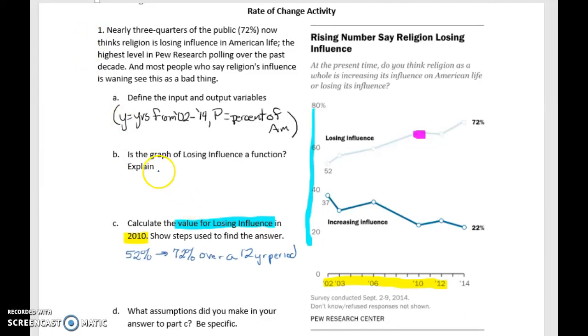So that is a 20% increase over 12 years, which in fact is a rate of change.